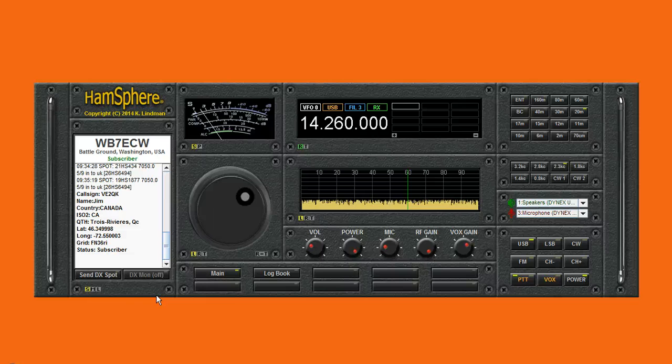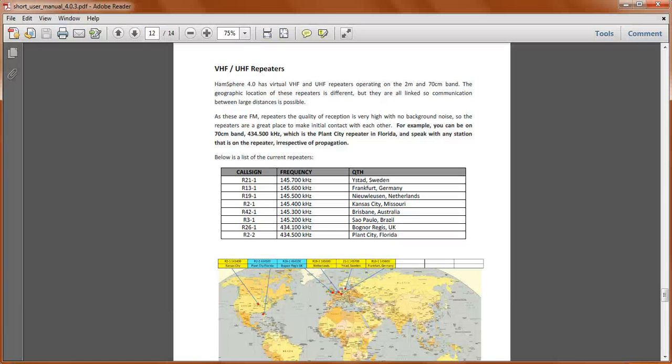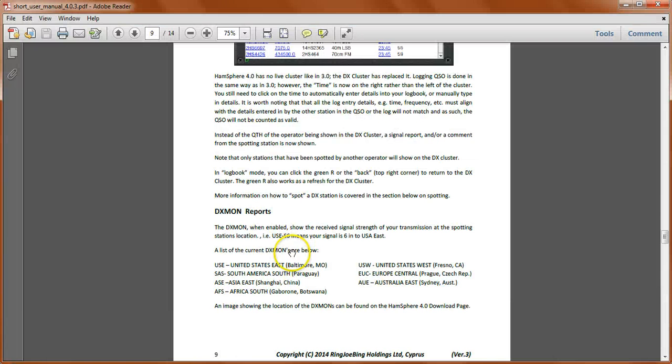It's a weird time of night where I live. How do I know that any of this is working if I haven't found anything yet? There's a couple of ways. One is, let's see if we're even transmitting. There's a system called the DX monitor system. Again, go to your manual.